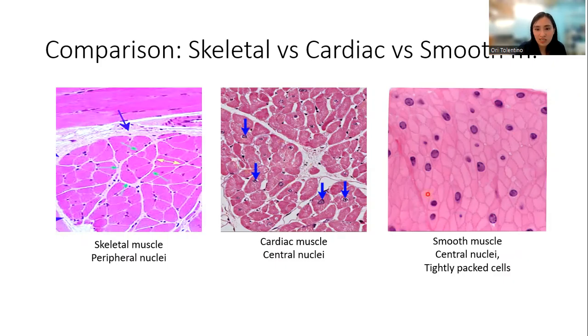These smooth muscle cells have central nuclei, like your cardiac muscle, but the muscle cells are tightly packed. There is almost no intervening connective tissue. That's why the cells are hard to distinguish from each other, very close to each other. Here, cells are very far from each other. So I hope that you can recognize skeletal versus cardiac versus smooth muscle in the cross section because I might ask this in the exam.